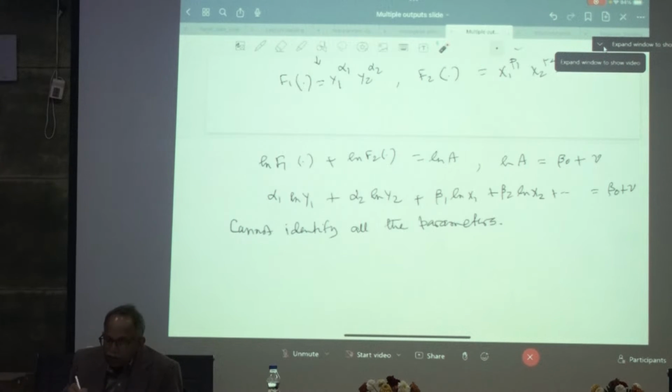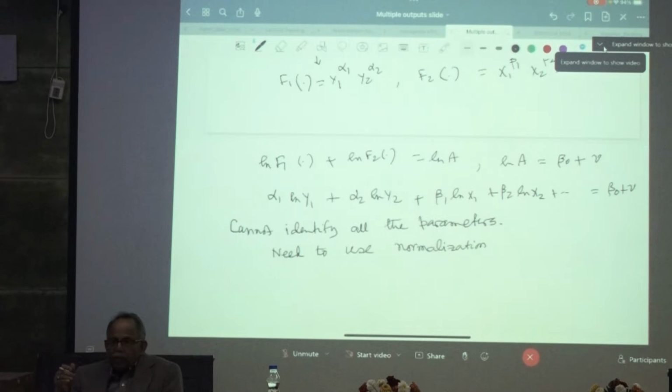This is the reason I said we cannot identify all the parameters, so again we need to normalize. In this setup, you need to normalize one coefficient to be equal to 1 or something of that sort. That means you cannot identify all the parameters, right? So some sort of a normalization is necessary.